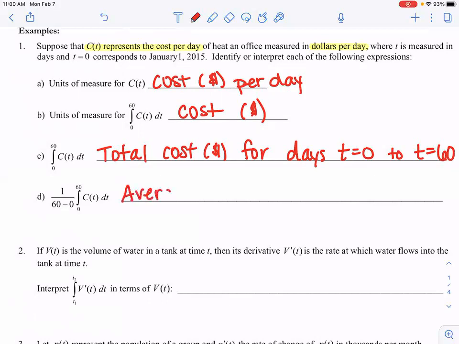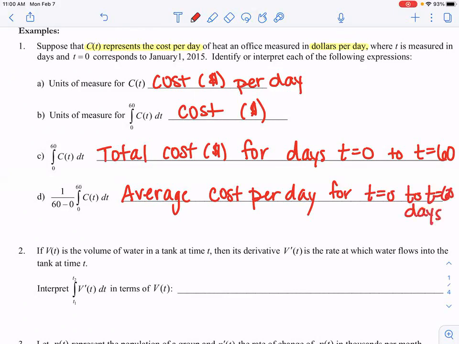But I'm not going to say value though. C of t represents cost per day. Our function inside the integral is cost per day, so now we're talking about average cost per day.